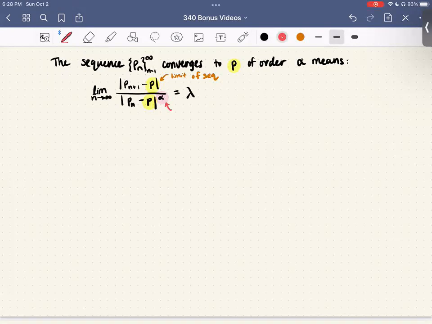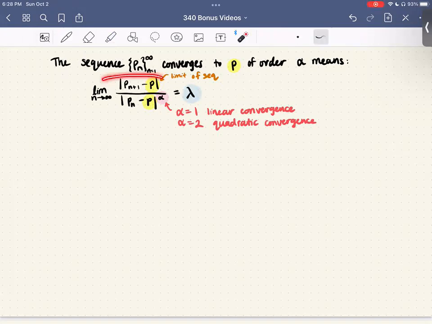If alpha equals 1, we say this is linear convergence, or converges linearly. If alpha equals 2, we say this is quadratic convergence. Okay. And then lambda is a constant.